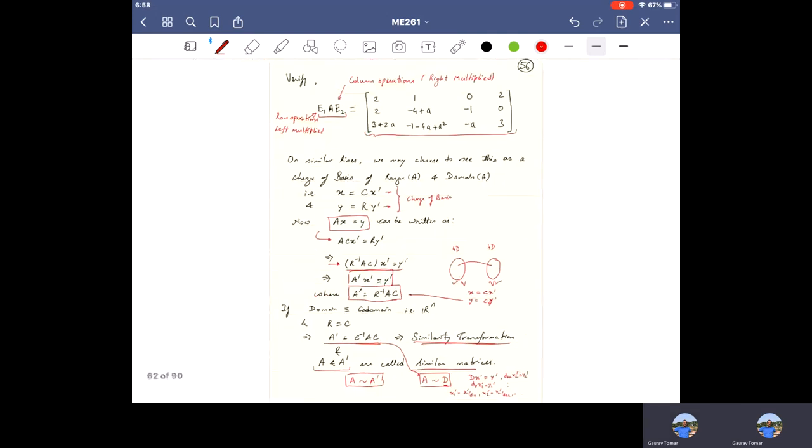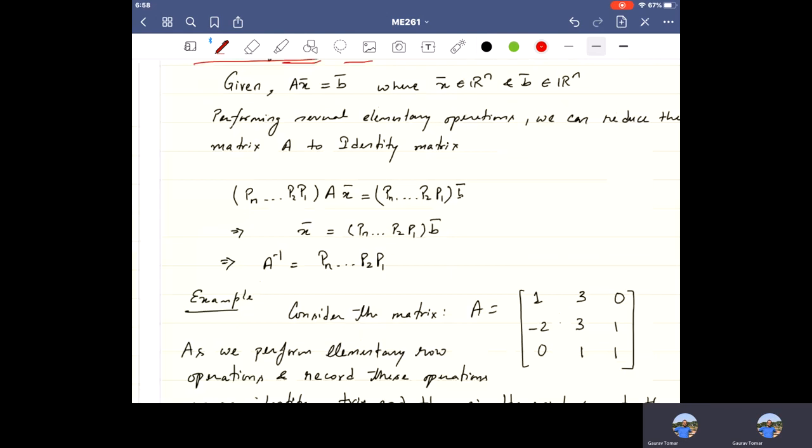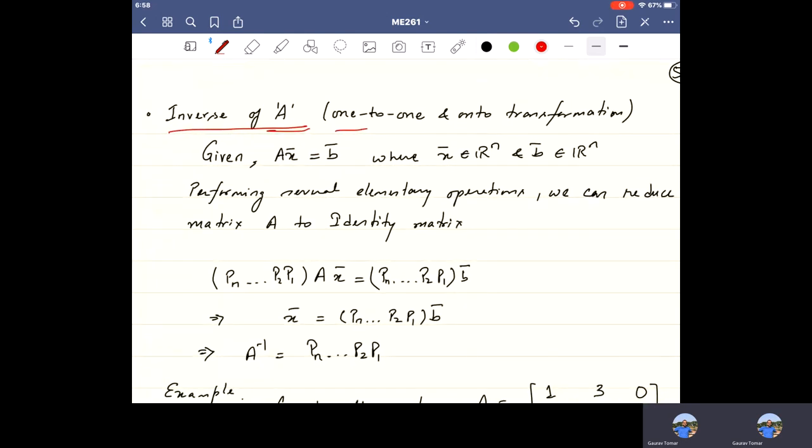Now moving on, we look at how to get the inverse of the matrix A. For that to happen, it has to be a one-to-one and onto transformation.